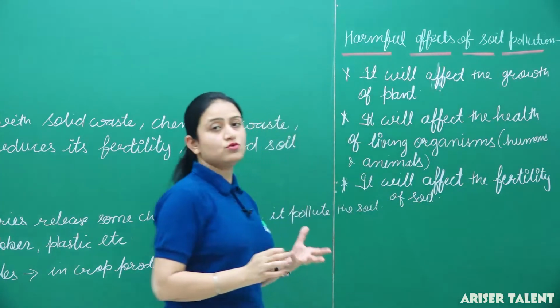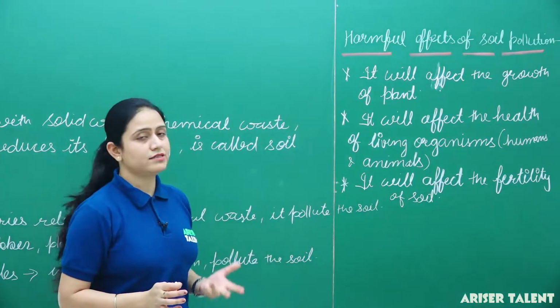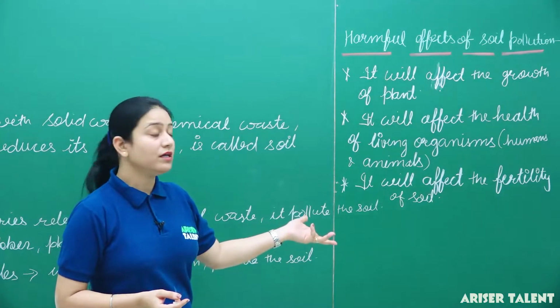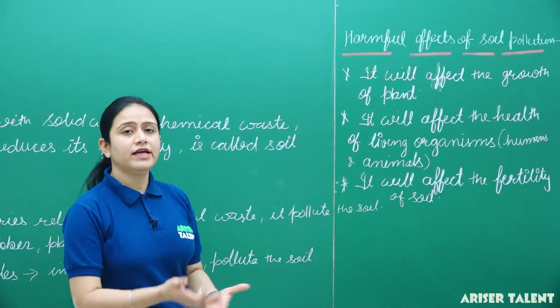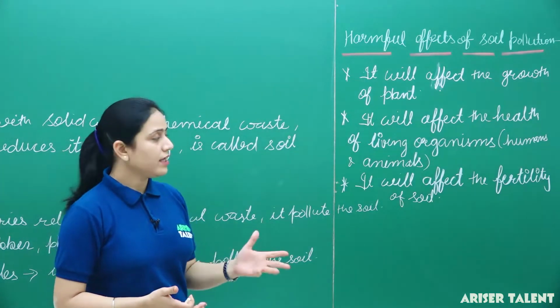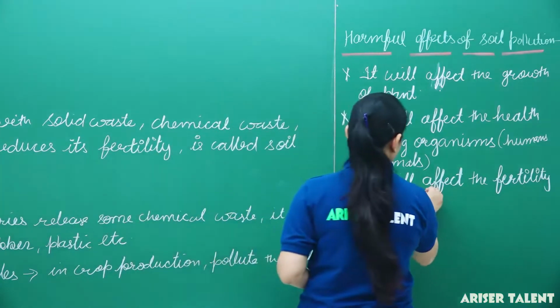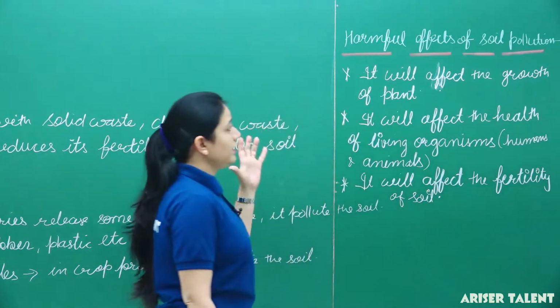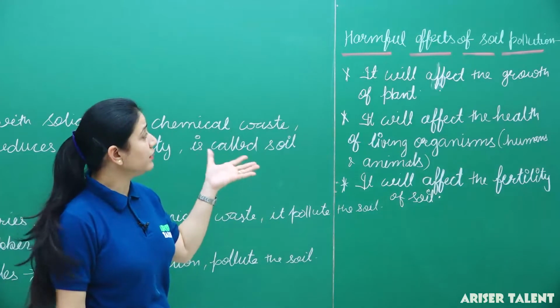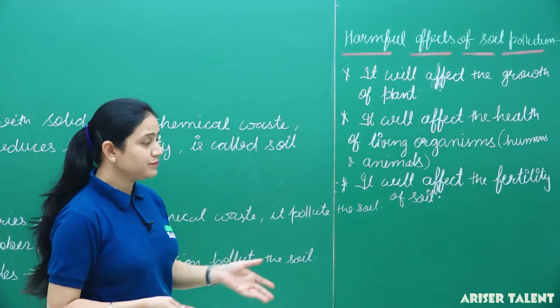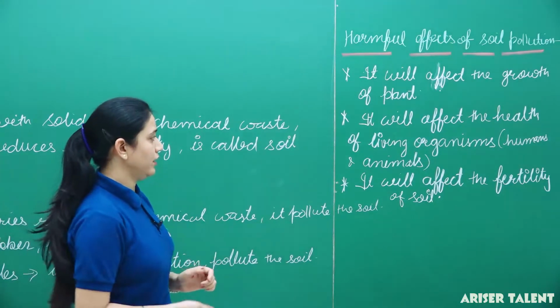Okay, excess use of harmful chemicals like fertilizers, pesticides can make the soil unfertile, and once it will become unfertile, then plants will not grow there, and slowly the soil will become barren or unfertile. Okay, so generally these are the main harmful effects of soil pollution on the plants, humans and fertility of soil.